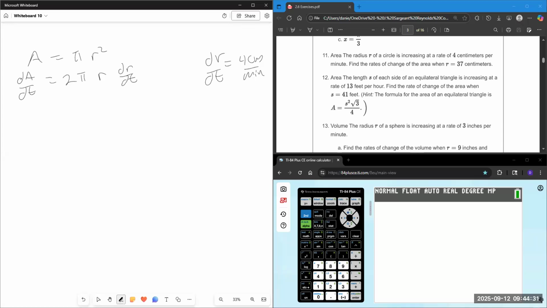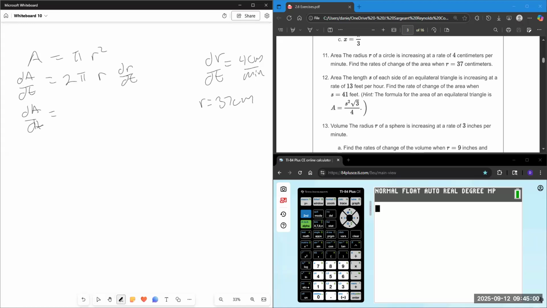The area is changing because of the circumference at the time and the change of the radius at the time. That's why the area is changing. So dA/dt is what we want to find here, and this is going to be when r equals 37 centimeters.